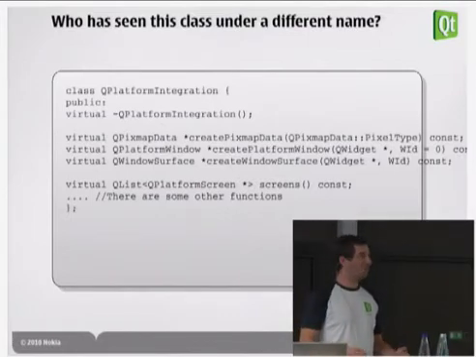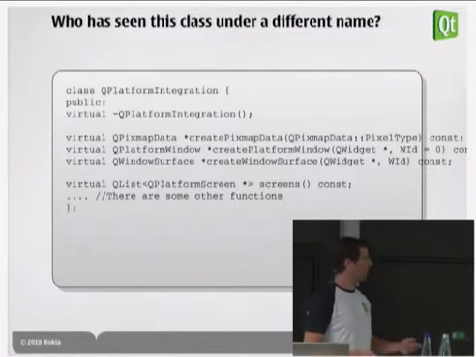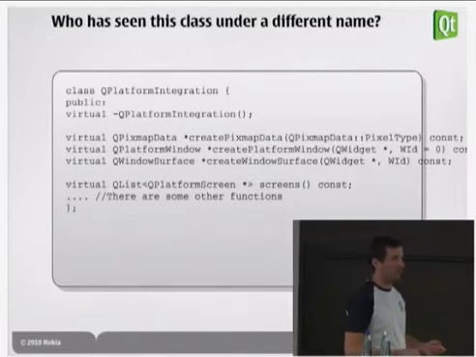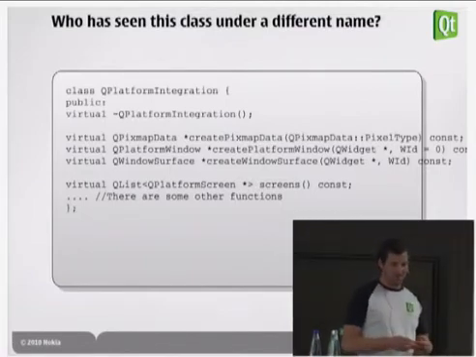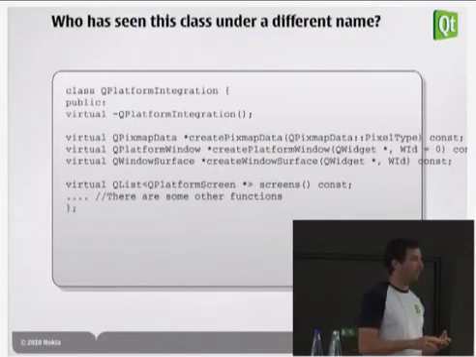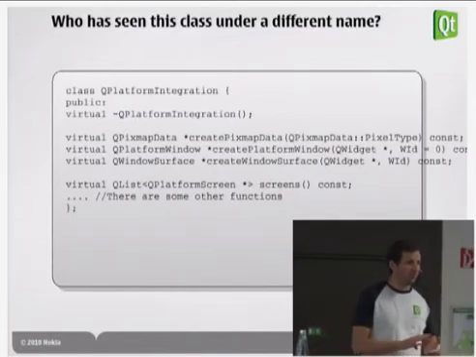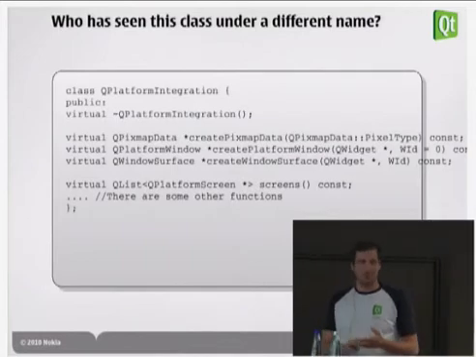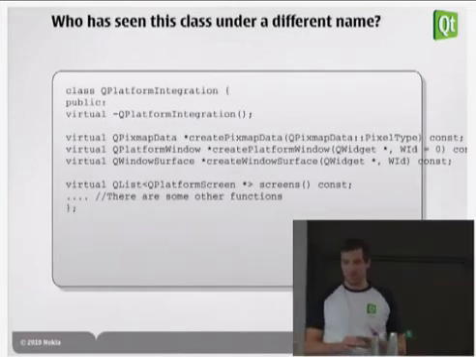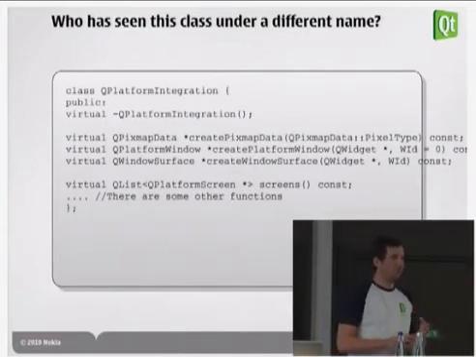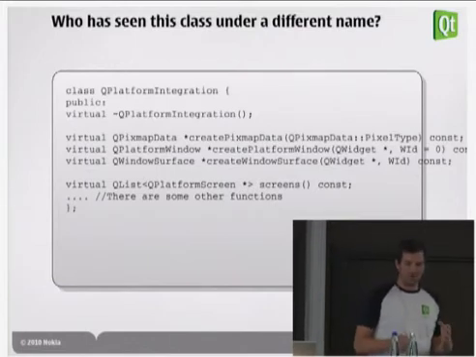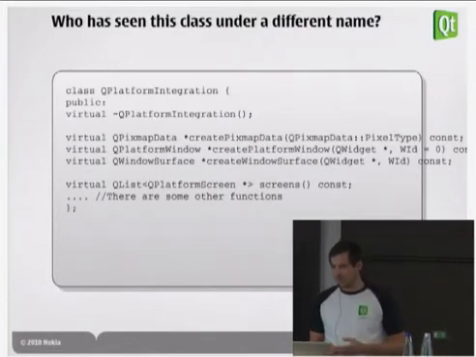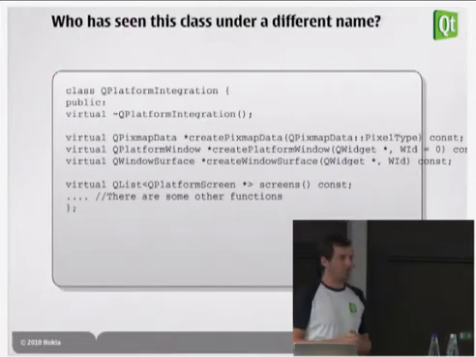We extended from what we had, so we took this class called QGraphicsSystem that's being used on the three main platforms: Qt for X11, Qt for Mac, Qt for Windows. It didn't really work on Qt for Embedded Linux, but we took that and we built upon it.